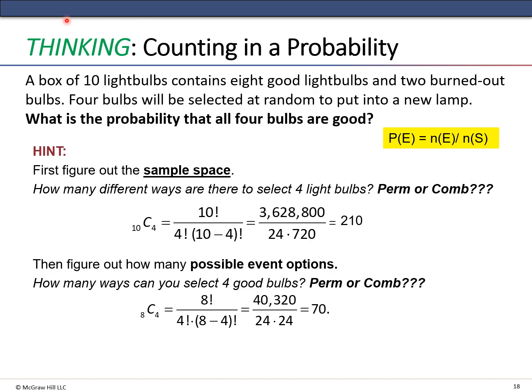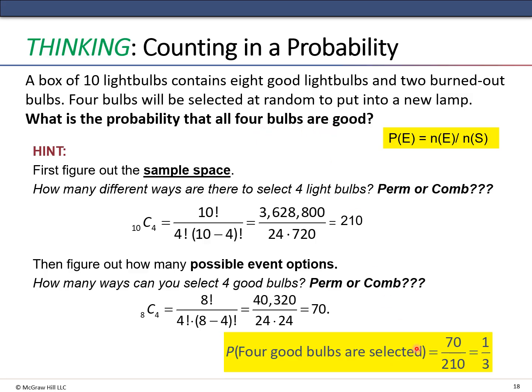Okay, so a thing that you have to pay attention to is the event. Since we're selecting 4 good bulbs, we can only select them from 8 because the other 2 are faulty. And if we include those, then we're not going to necessarily know how many different combinations include all good bulbs.